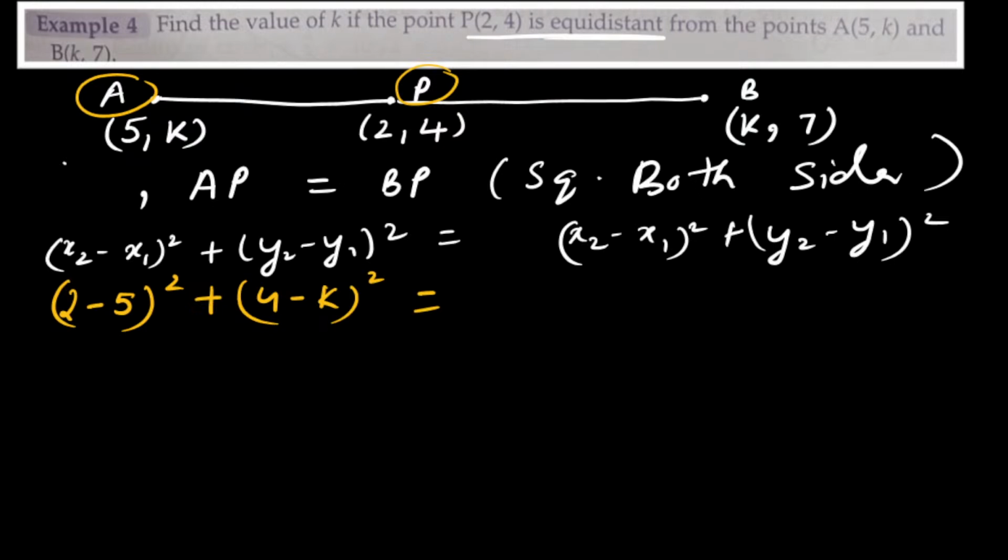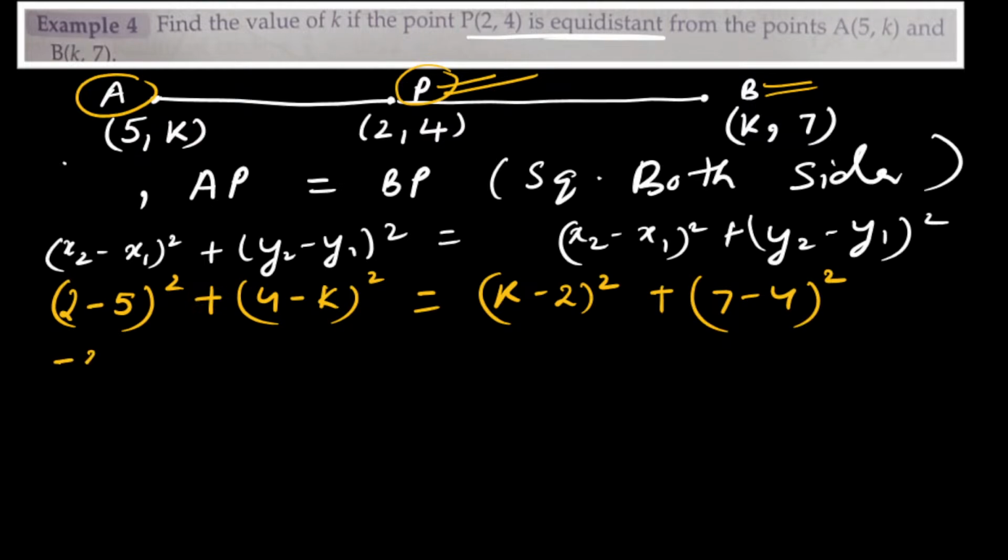For distance BP, I have to consider the coordinates of P and B. So x2 I can write as k, minus 2, using the coordinates of P and B. Y2 is 7 minus y1 is 4. Now 2 minus 5 is minus 3.